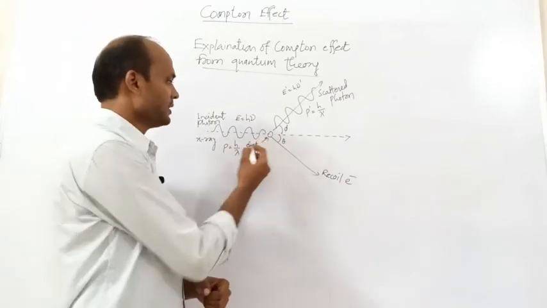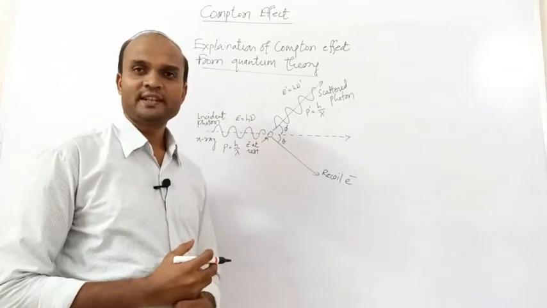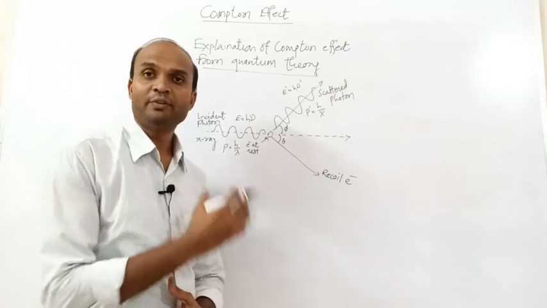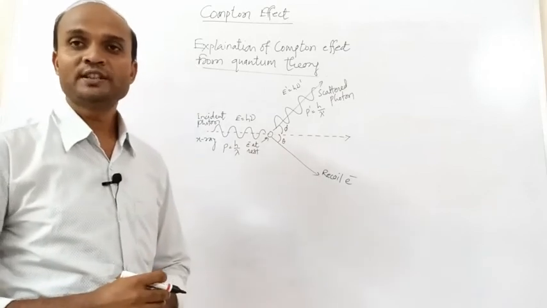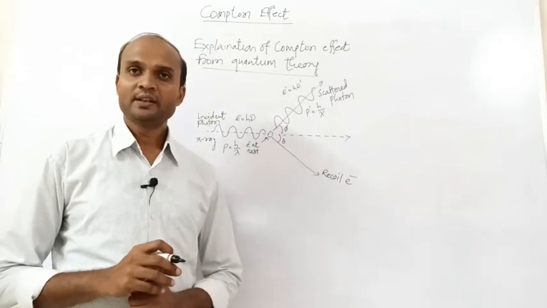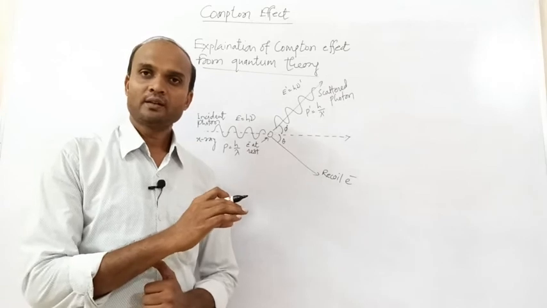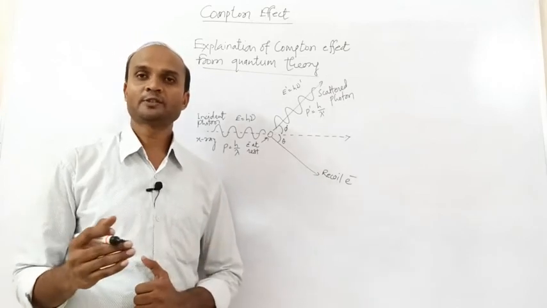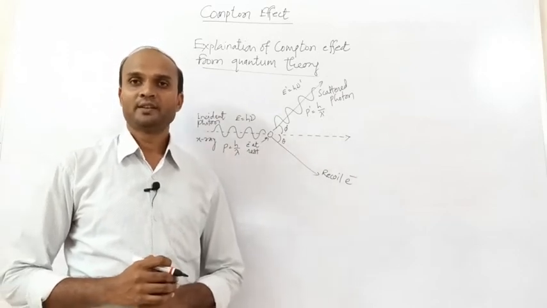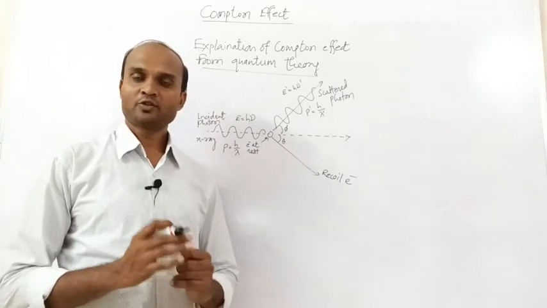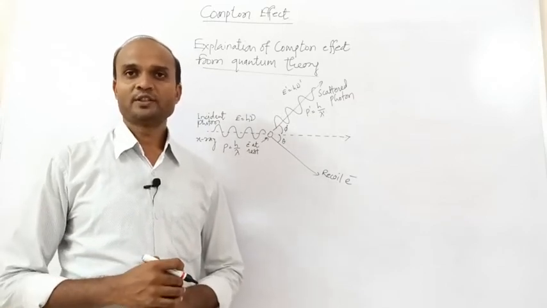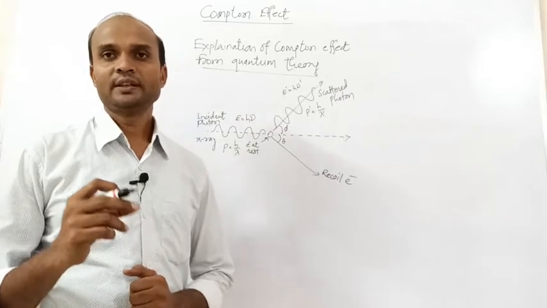Similarly here, the explanation of this Compton effect using quantum theory was given by Compton himself. The photoelectric effect was discovered by Hertz, but its theoretical explanation was given by Einstein. But the Compton effect was discovered by A.H. Compton, and its theoretical explanation was given by Compton himself.